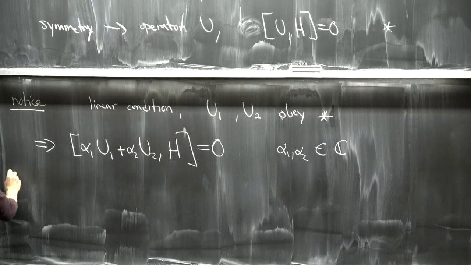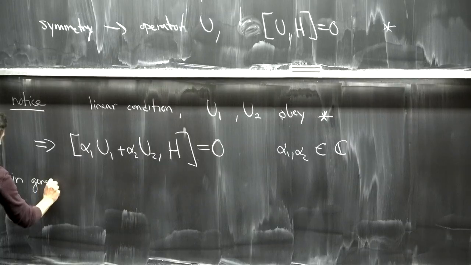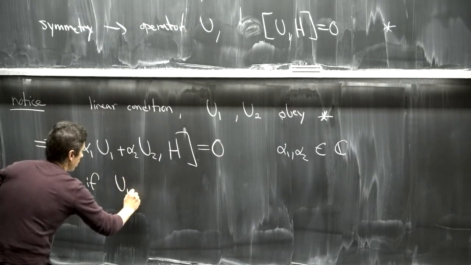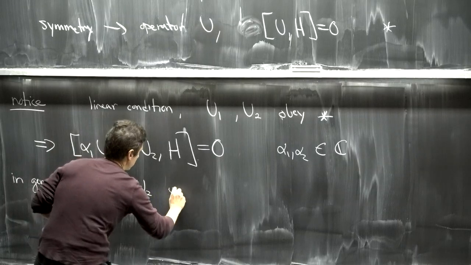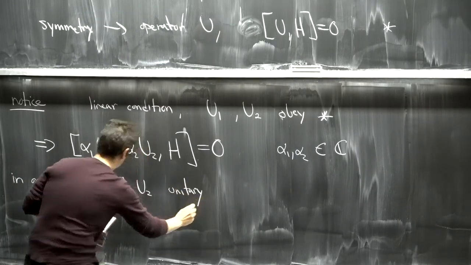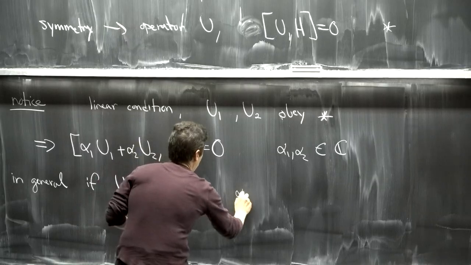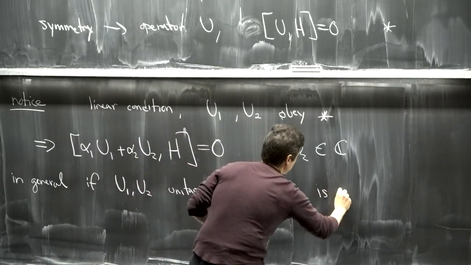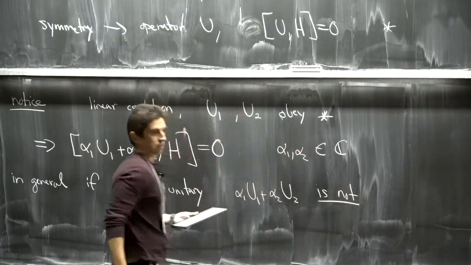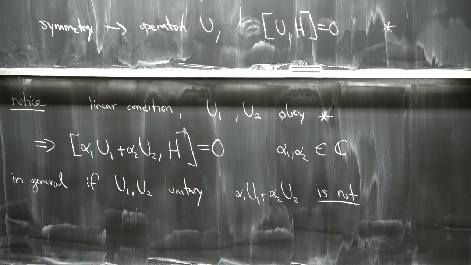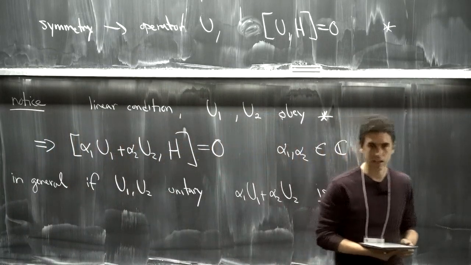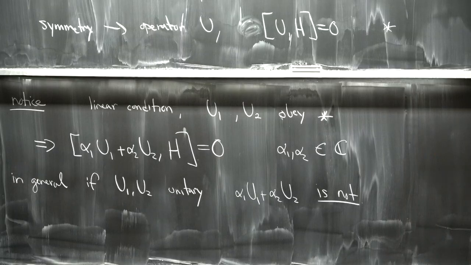And in general, U1 and U2 are unitary, but alpha 1 U1 plus alpha 2 U2 is not. Okay. So if you thought that symmetry was somehow intrinsically rooted in unitary operators acting on Hilbert space, bad news. You are wrong.